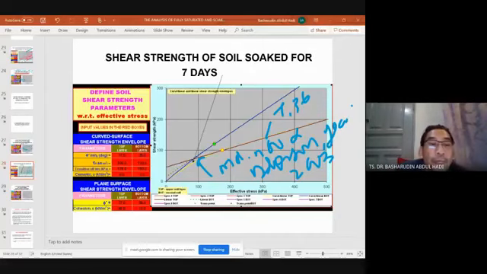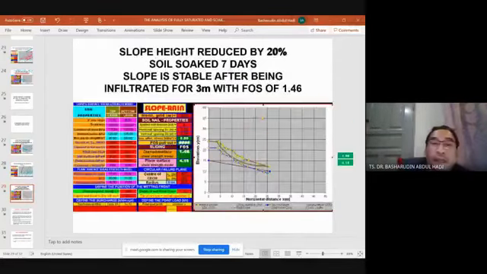And so what happened? We go to this one. You can see that the curved surface gives you 1.46, which is near the zone of fill, especially when you use a factor of safety of 2 for the industry. So remember that.